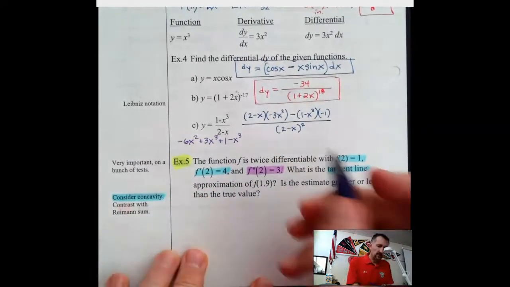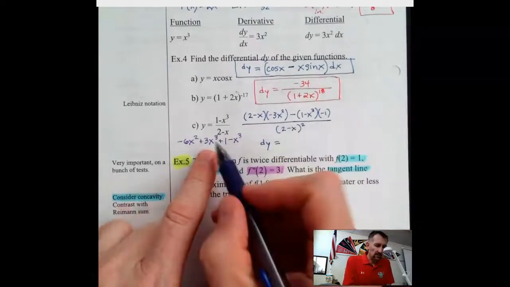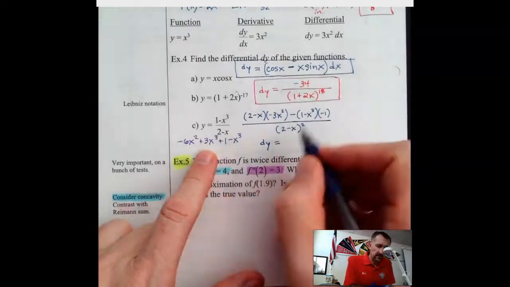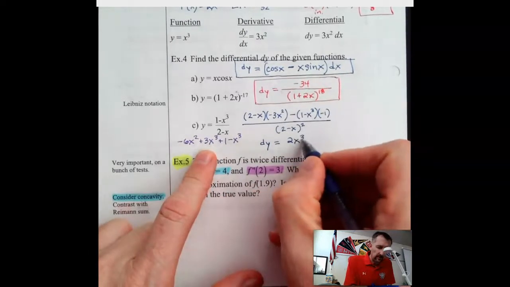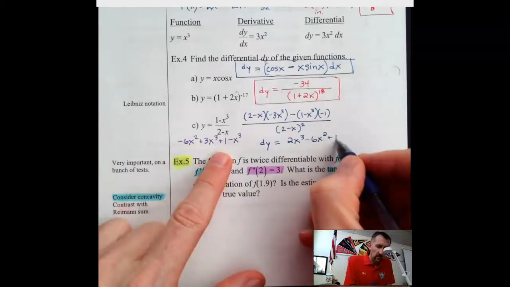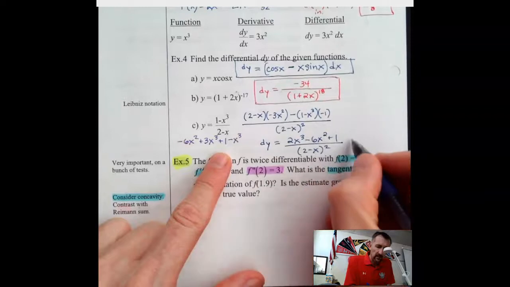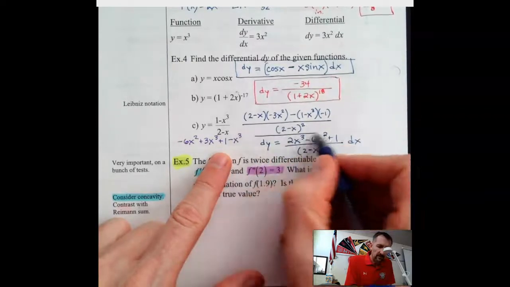So that means dy is going to equal, we have 3x cubed minus x cubed, that's going to be 2x cubed, minus 6x squared plus 1 over 2 minus x squared dx.